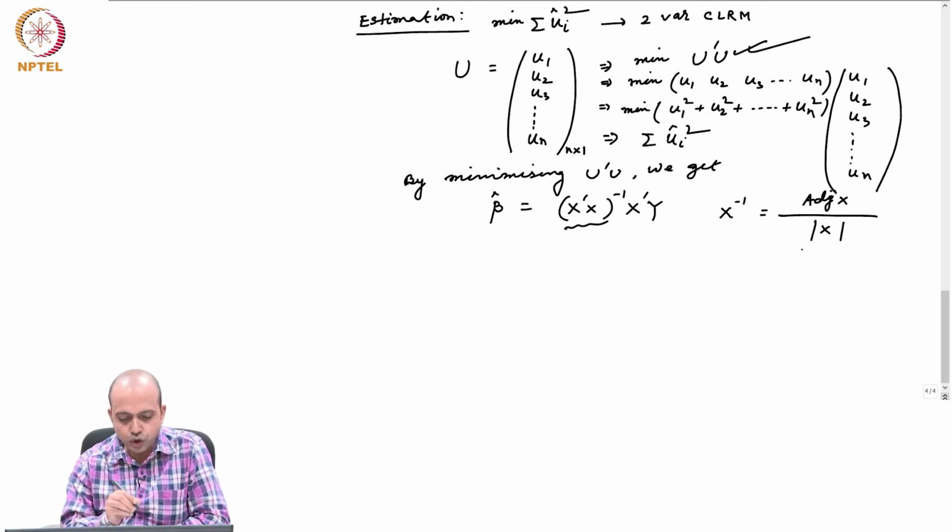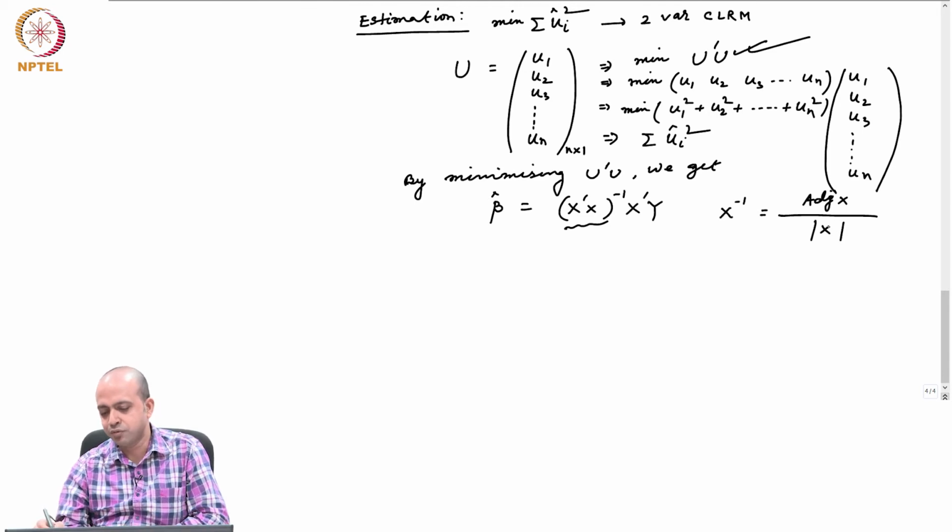So, for getting a solution and to get all the beta hats, this inverse should exist. If for any reason this inverse matrix does not exist, for example, if the determinant of x becomes 0, then you cannot actually estimate beta hat. You have to keep this thing in mind. This should be useful later on when we discuss some important things.